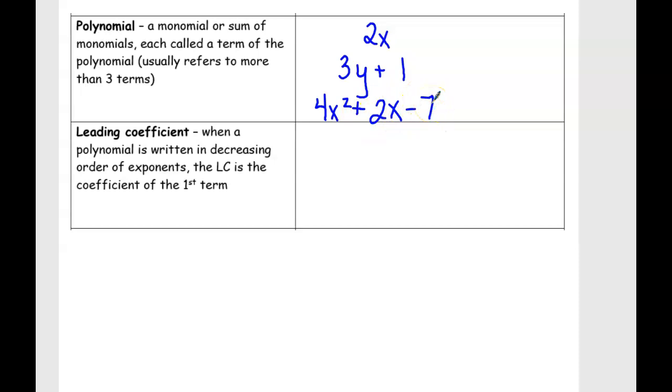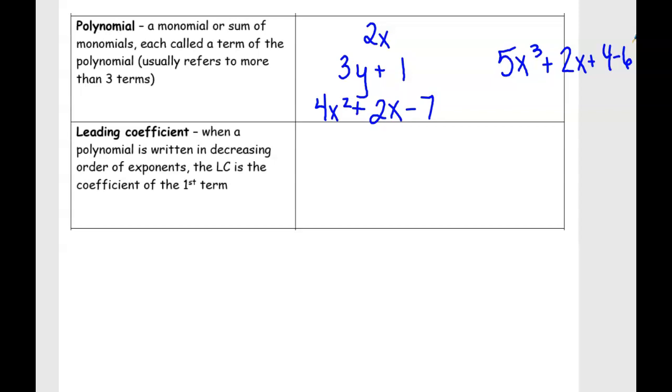So even though we have a monomial, binomial, and trinomial, they're all polynomials. But you can also get into higher degrees. If I had 5x to the third plus 2x plus 4 minus 6, that would be another example of a polynomial.